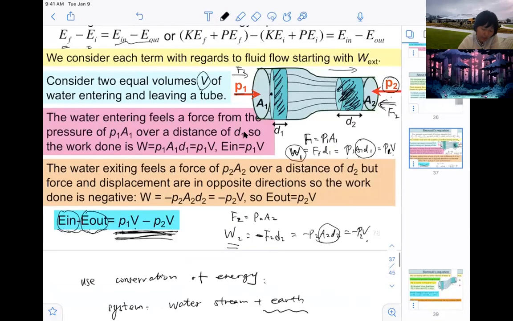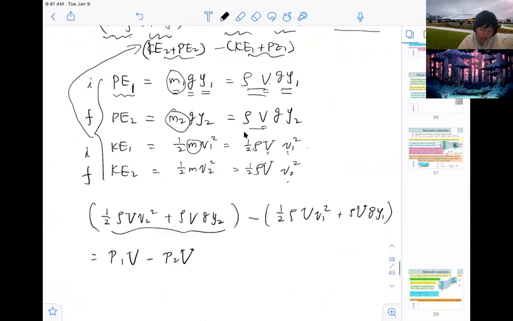So I have already kept this particular order. I assume water flowing from left to right, so I just need to be consistent. I'm sorry, I flipped it the other way around earlier. So these are energy final, these are energy initial, and these are the input and output.